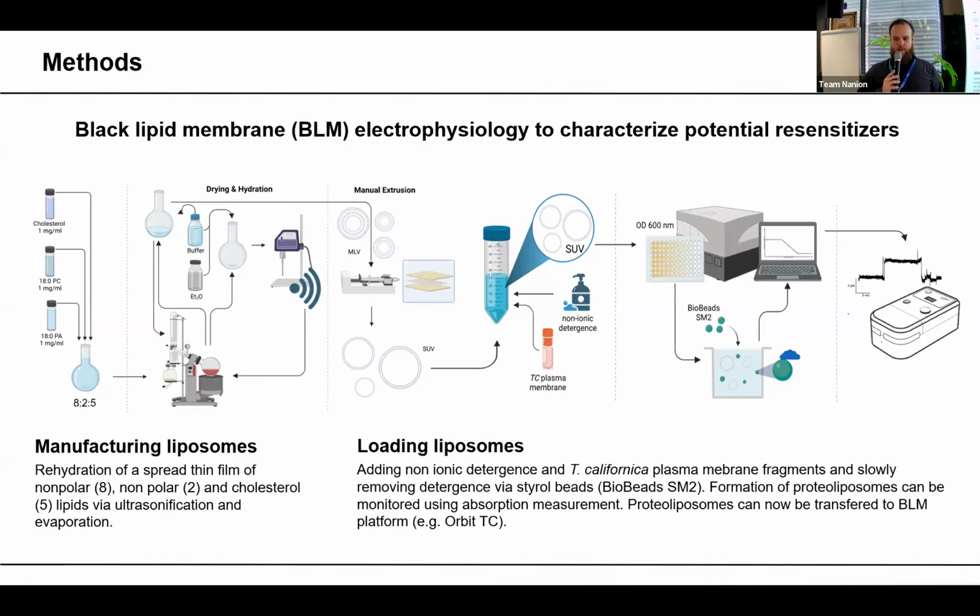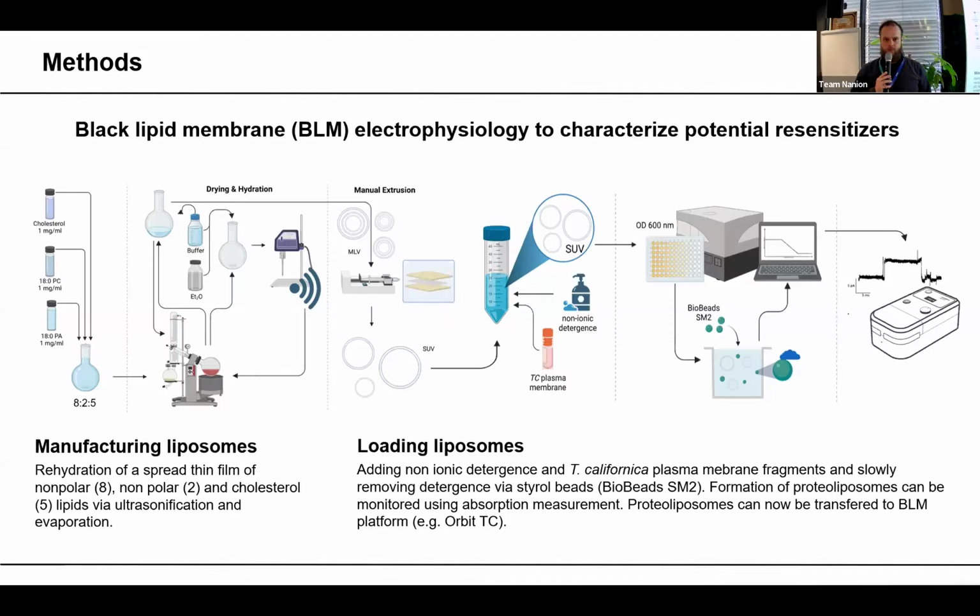We added additional buffer and diethyl ether and sonicated it to get a lipid gel, added more of our 10 millimolar phosphate buffer, and then dried it again to remove the organic solvent. After that, we did manual extrusion through a polycarbonate membrane of about 0.4 nanometer size, getting small unilamellar vesicles.